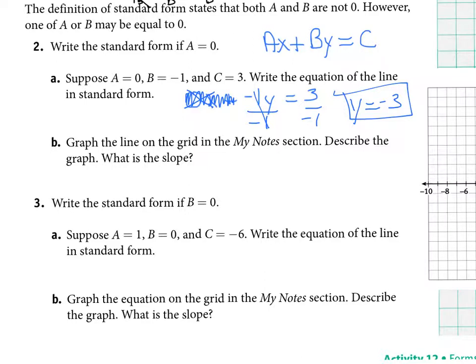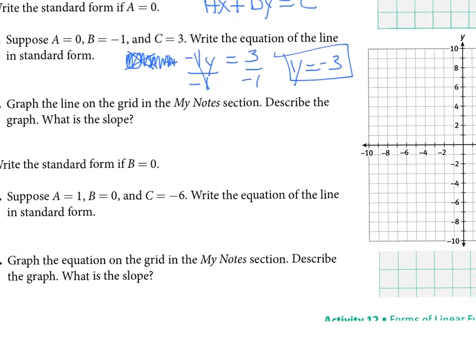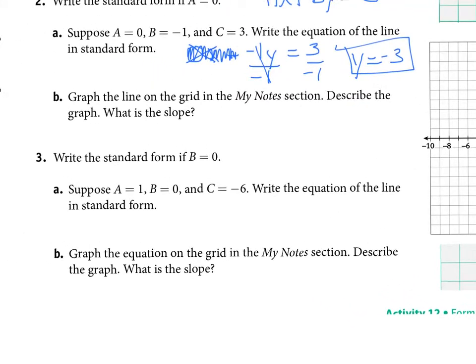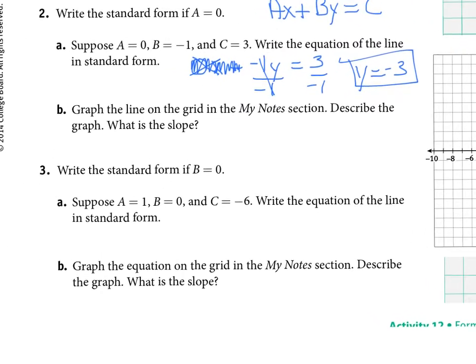So y-intercepts and x-intercepts. So a is 0, and that's it. Part B says graph the line on the grid. So the grid is over here. And then it says to find the slope.